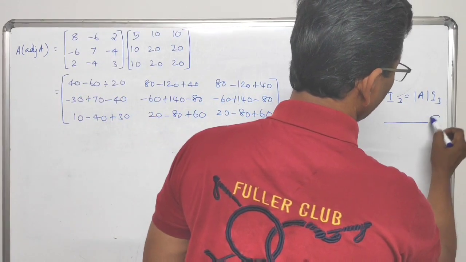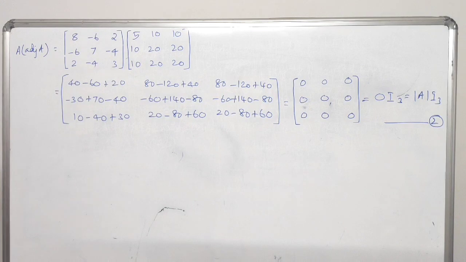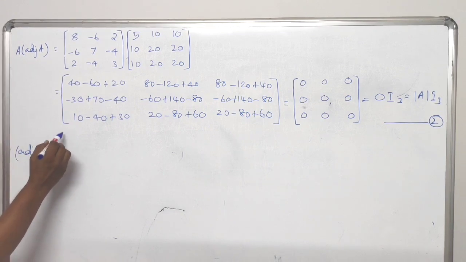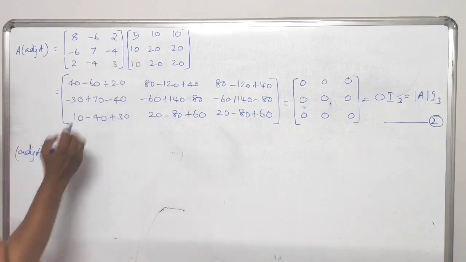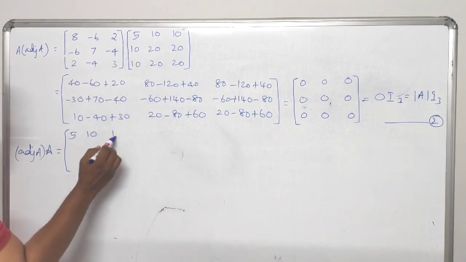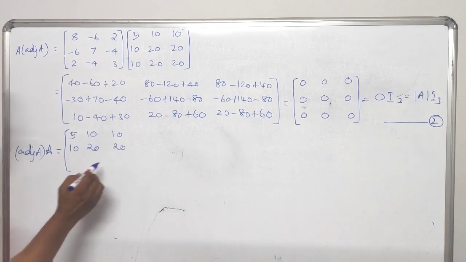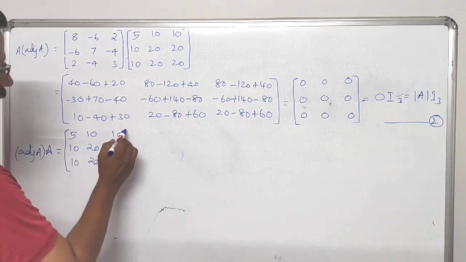Now after that we can find the product adjoint A into A. The adjoint A matrix is 5, 10, 10; then 10, 20, 20; then again 10, 20, 20. Now into this A matrix.